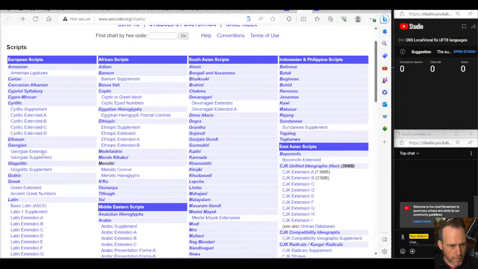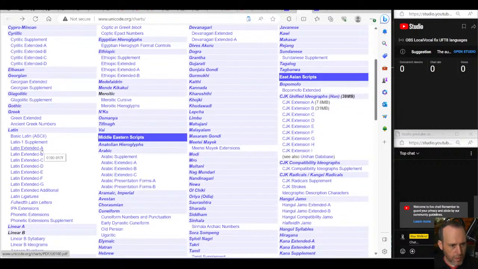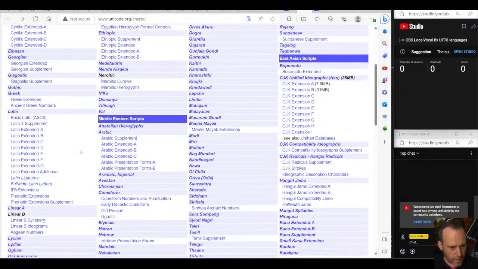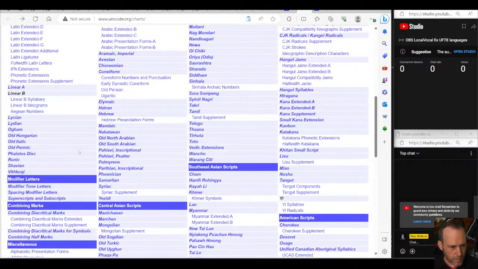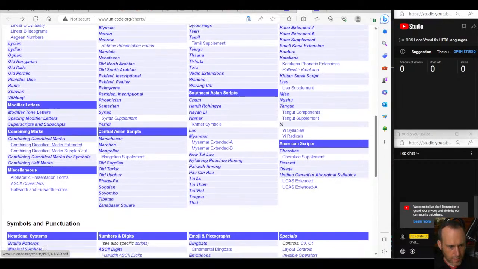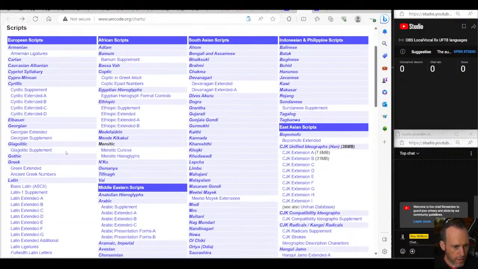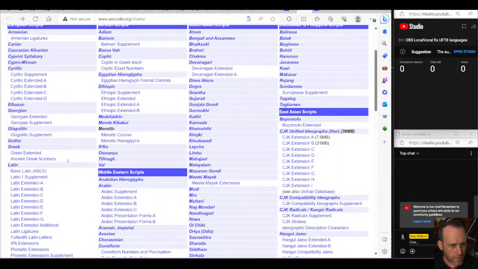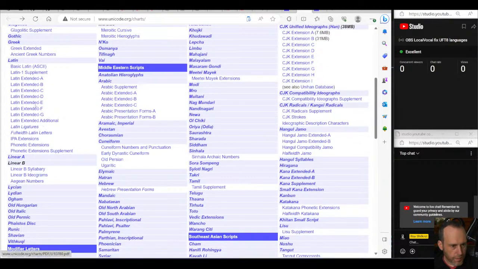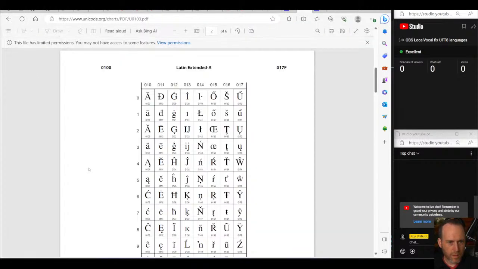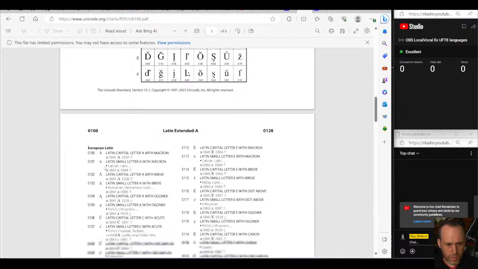So let's have a look. Where do we find this in here? European languages. Phonetic extensions. Modifiers and so on. I think it's some sort of extended Latin. Extended A. I actually don't know.